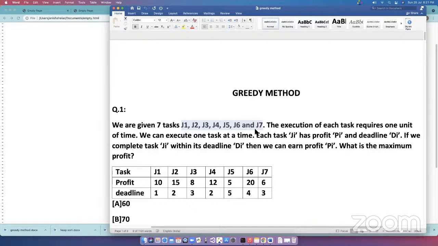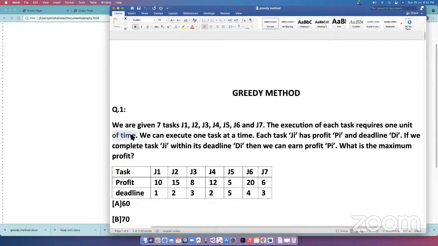Okay. And it has been given that to perform any of these jobs, you need only one time unit, 1 unit of time.